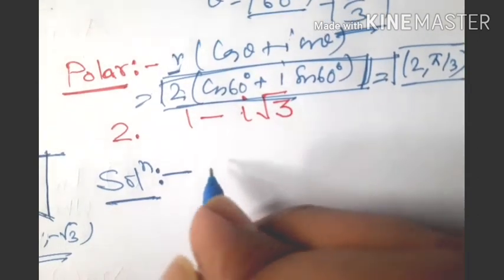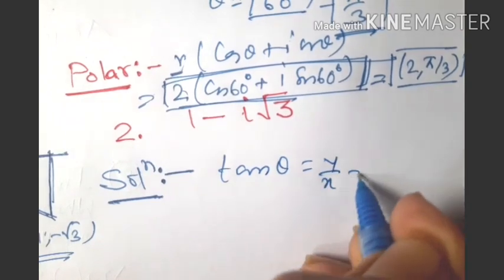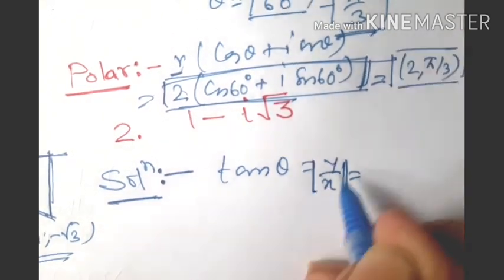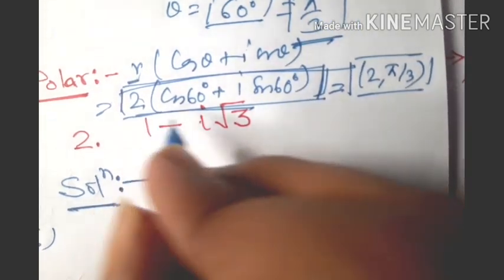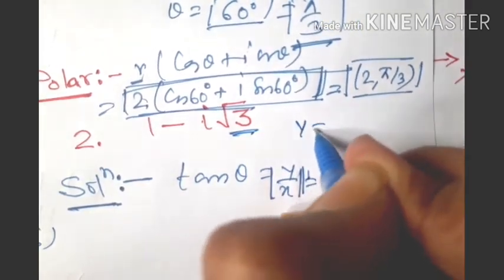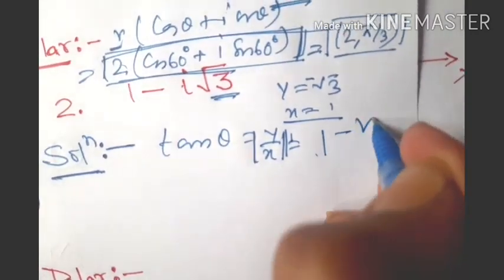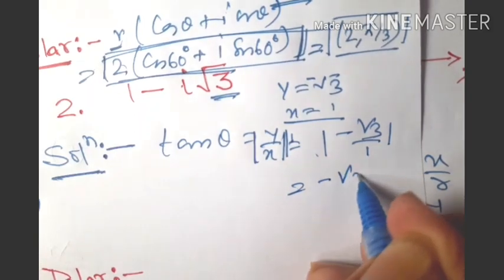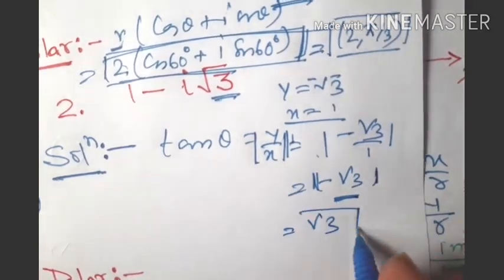So again, for this triangle, if you want to find out, we'll get again mod of y by x. Mod means if you put here 1 minus i root 3, that means y equals minus root 3, x equals 1. Even if you put that, we will get minus root 3, but with mod, if you get minus, it will be converted to plus.